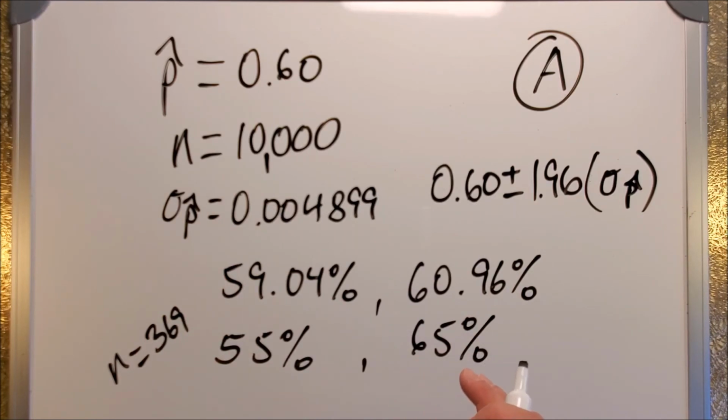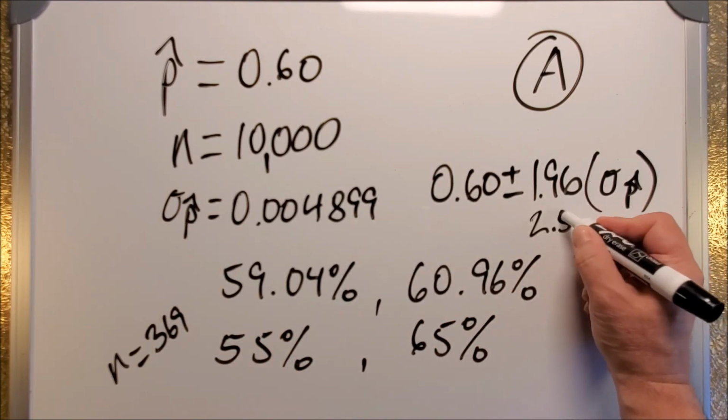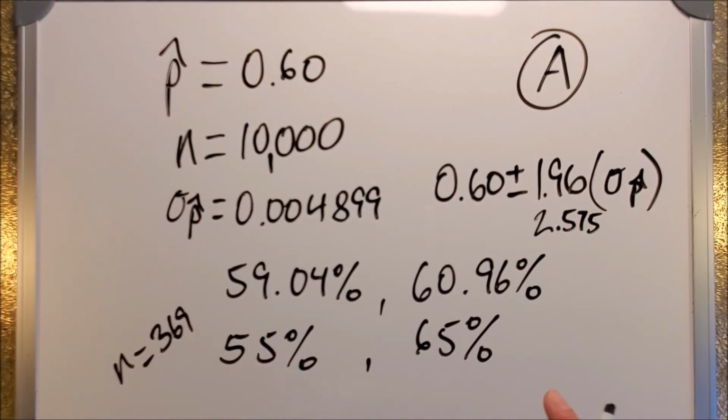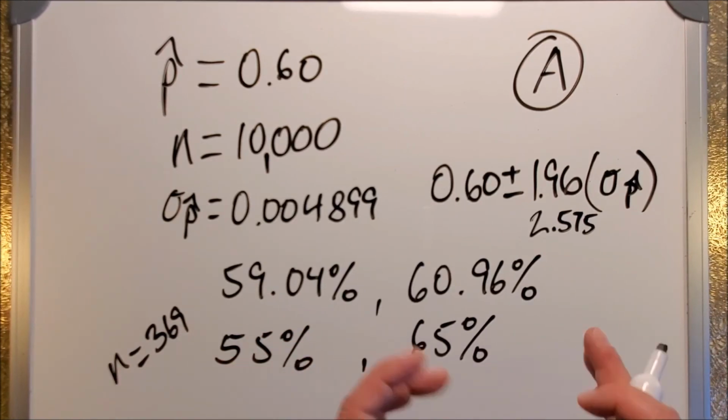What happens if we say to ourselves, well, we don't need that much precision? That's actually more precision than we need. Let's specify a different number here for our Z star, 2.575. I'm going to leave that for you to calculate. And if you're not sure about your answer, post it to me in the comments below, and I'll tell you yes or no whether that's correct or not.